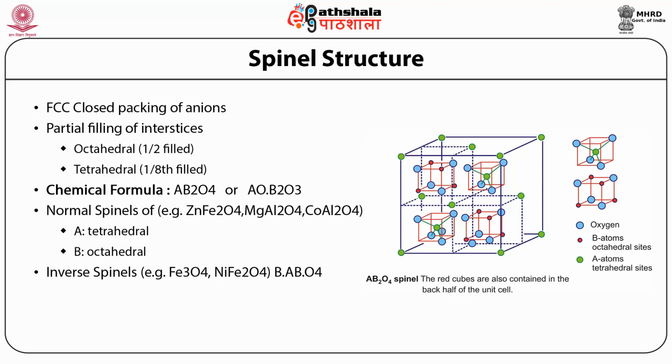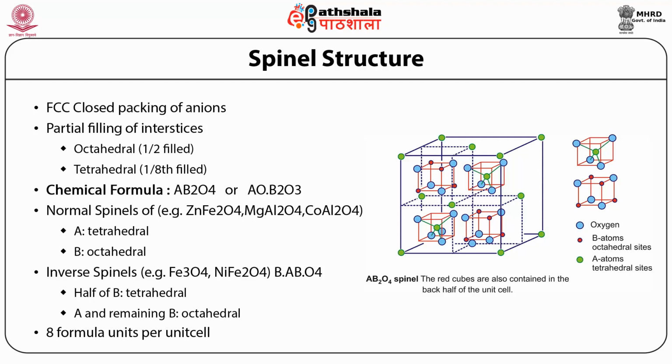Most ferrites follow this structure, such as Fe3O4, CoFe2O4, etc. In this structure, 1/2 of the B3+ ions occupy the tetrahedral sites and the remaining 1/2 of B3+ and all A2+ ions occupy the octahedral sites. Now you can hopefully make sense of the formula in the previous line.